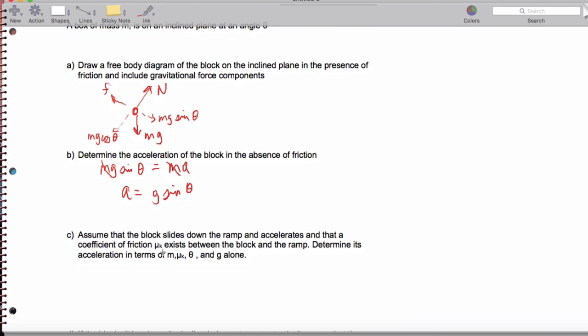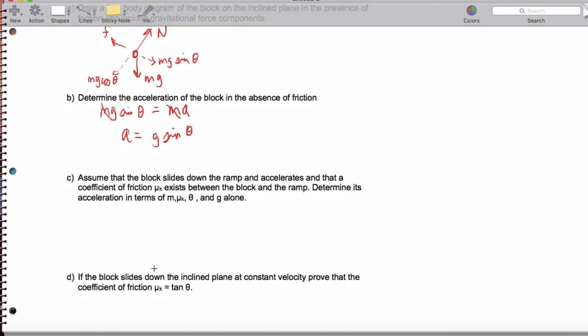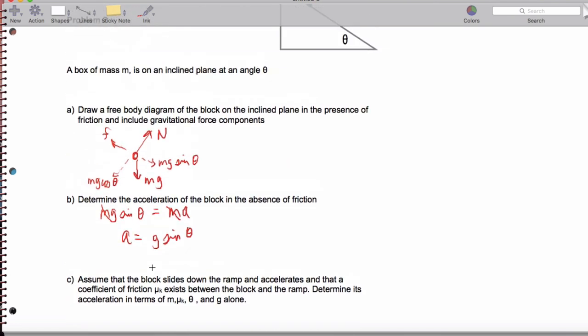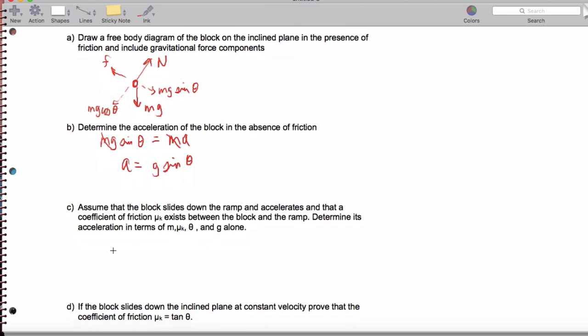All right. Now, assume the block slides down the ramp and accelerates. So we're sliding down the ramp, so what that means is mg sine theta minus the friction equals m times a. And in the y direction, we know that n minus mg cos theta equals 0. We're going to use this to get the friction because the normal force is, in fact, mg cos theta.